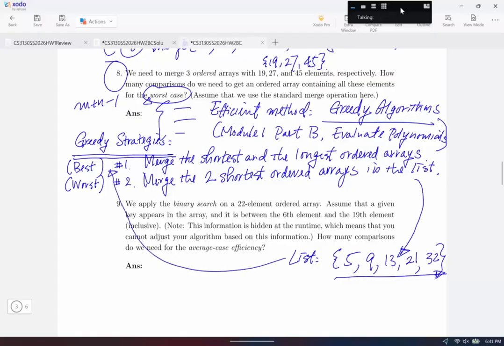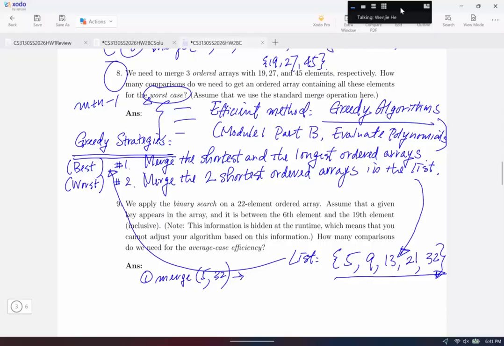So we need to apply the first greedy strategy. Step 1, we merge shortest 5, longest 32.